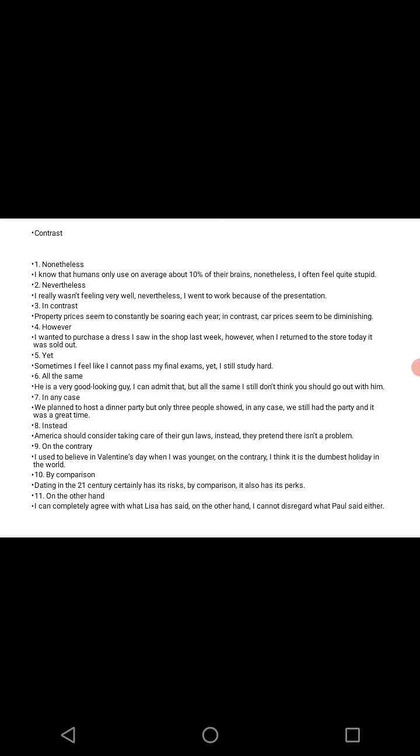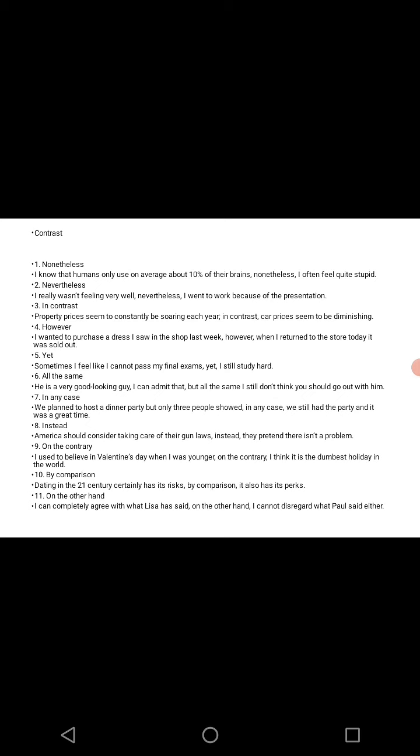In any case, we still had the party and it was a great time. Eighth is instead. Their example is: America should consider taking care of its gun laws. Instead, they pretend there is not a problem.